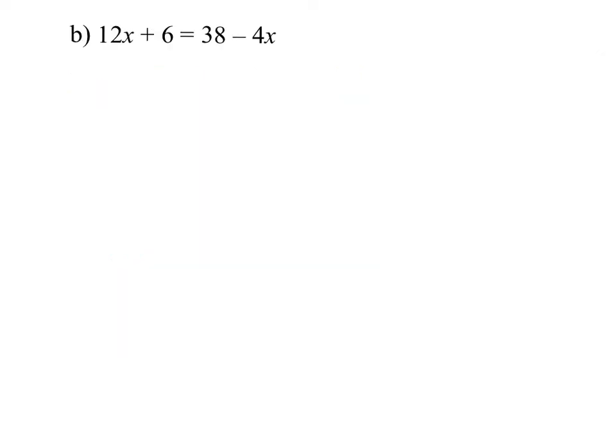All right, so here's B, and now we notice we have 2 terms with x in it, and we've got 2 other terms that are constants, and we're solving for x. So step 1 is to get the terms with x on one side.